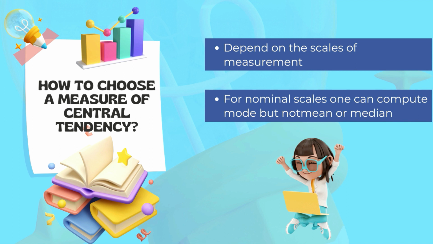If you have to see how many people belong to a certain category, the nominal scale can only be explained with the help of frequency. On the basis of this frequency, we can only calculate mode, neither mean nor median, because we can't arrange nominal data into ascending or descending order. If we can't arrange things in ascending or descending order, we can't calculate median.